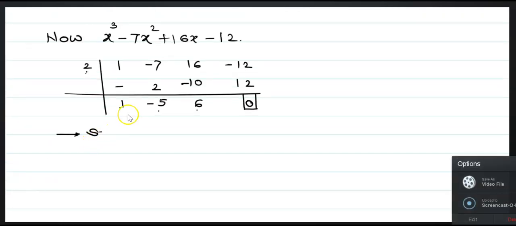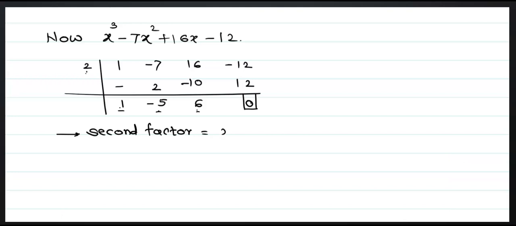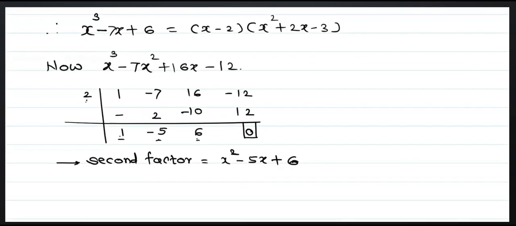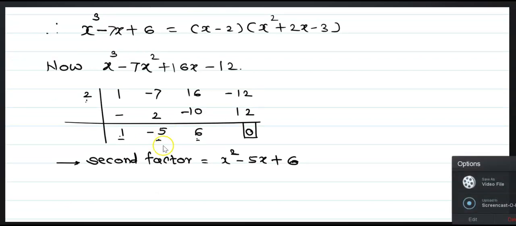Now here we want to find out the second factor. Now the coefficients are 1, minus 5, 6. Therefore, the degree will be 2. Therefore, x square minus 5x plus 6. This is the second factor, x square minus 5x plus 6.